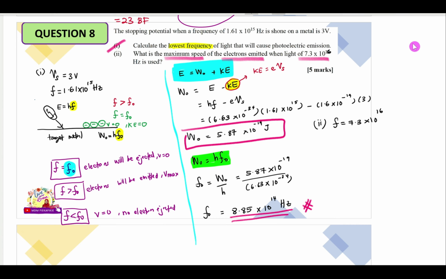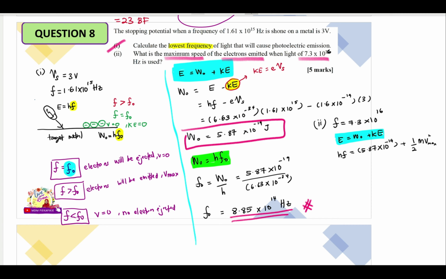So kita akan mulakan macam biasa, saya akan tulis general equation ini untuk memudahkan saya. So E, hf, this one work function kita dah ada tadi, boleh je masukkan terus. Nilai dia. And plus, kita nak cari the maximum speed, half mv squared.